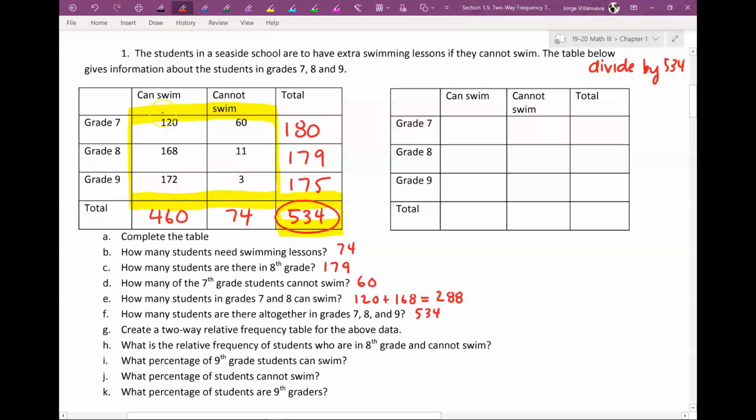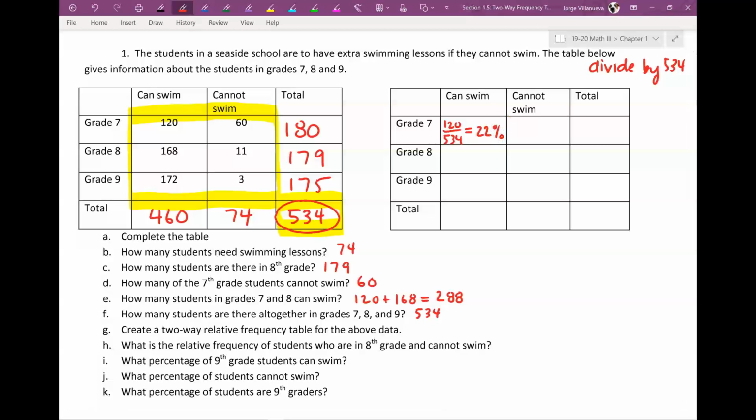So, 120 divided by 534. Okay, now I'm going to show this right here. Normally, I don't do this because then it just makes it look messy. But 120 divided by 534 comes out to 22%. That's the number I want, the percentage, 22%. Okay?